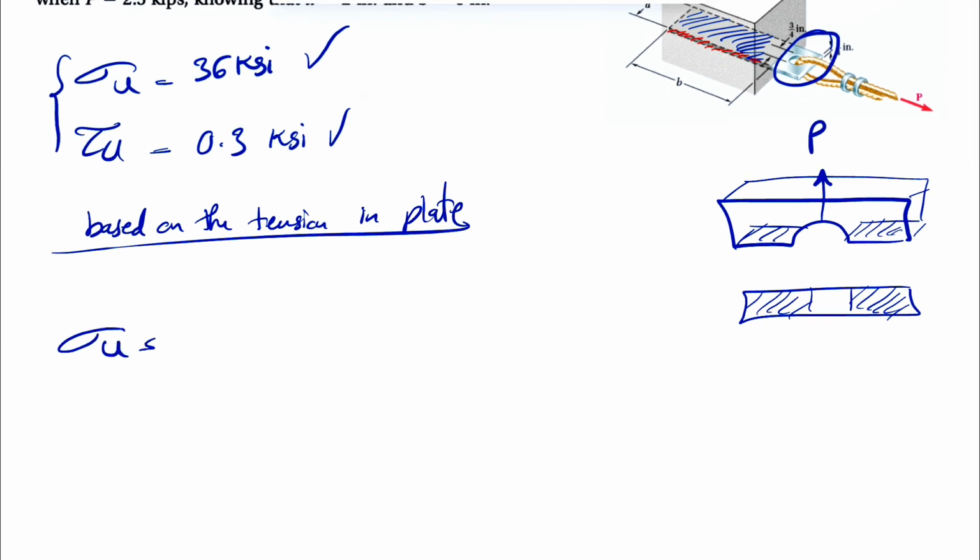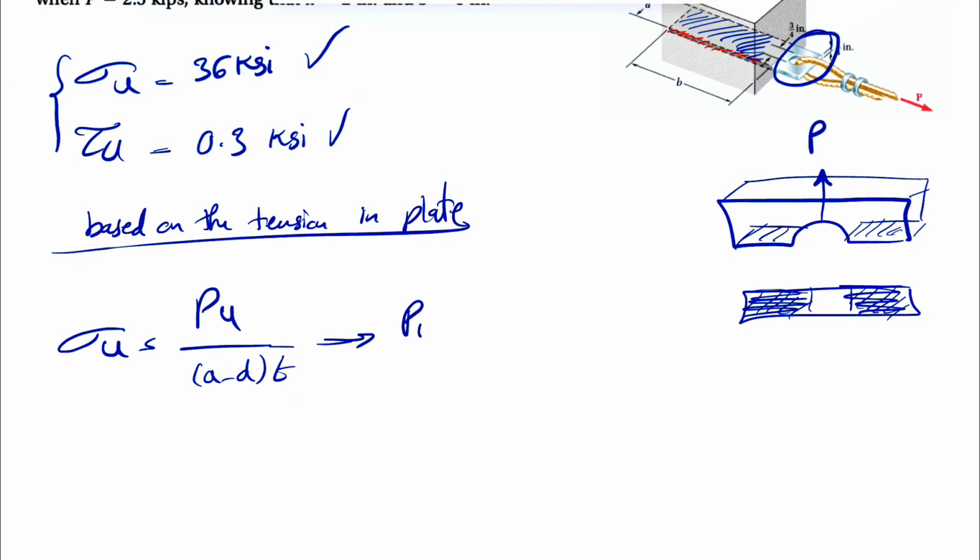So we have the ultimate strength. We're going to find the ultimate force in here, and the area, as I said, is the area of this shaded area, which would be (A minus D) times the thickness.